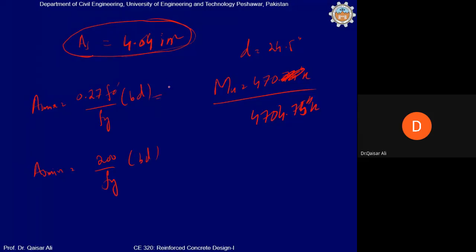From this you get the value 5.29, and the minimum value is 0.98 inch square. So now since the calculated reinforcement is less than maximum and greater than minimum reinforcement, this reinforcement is okay.